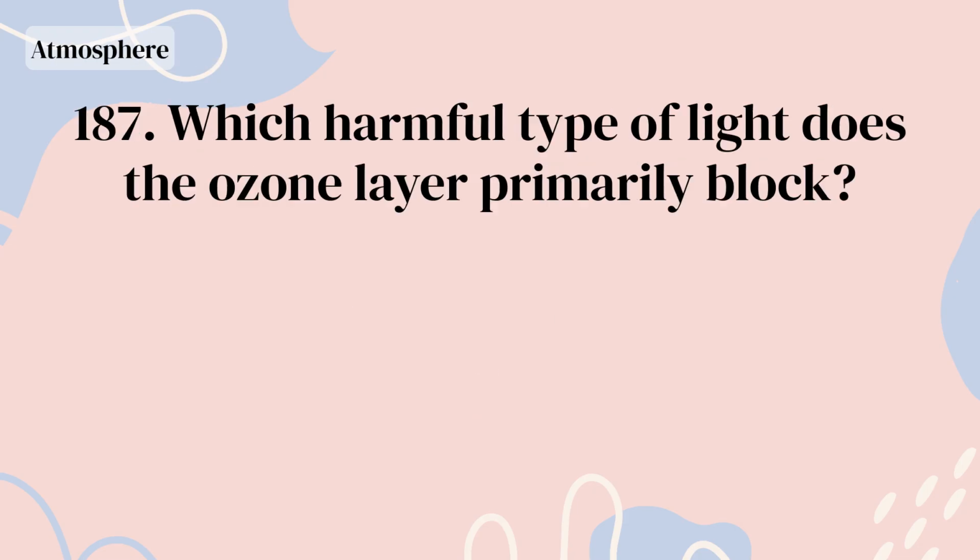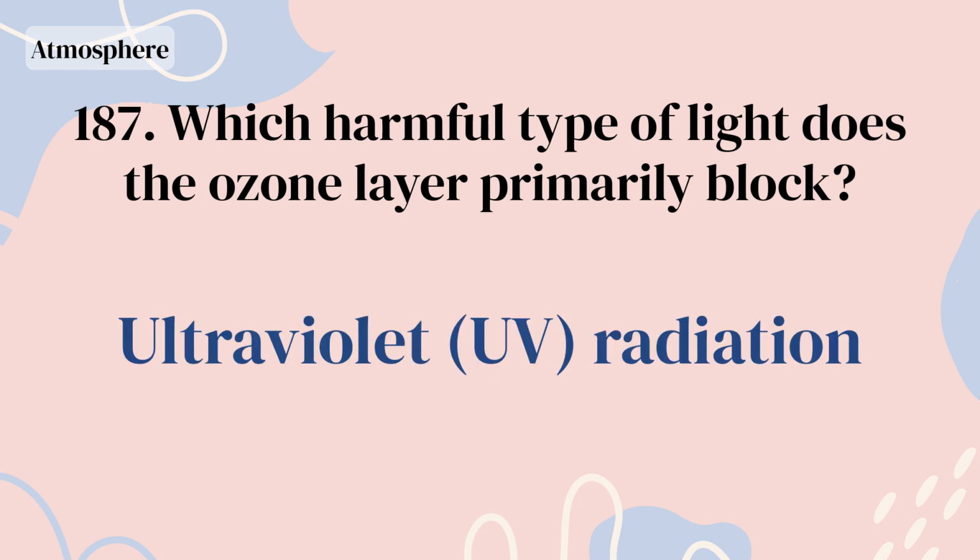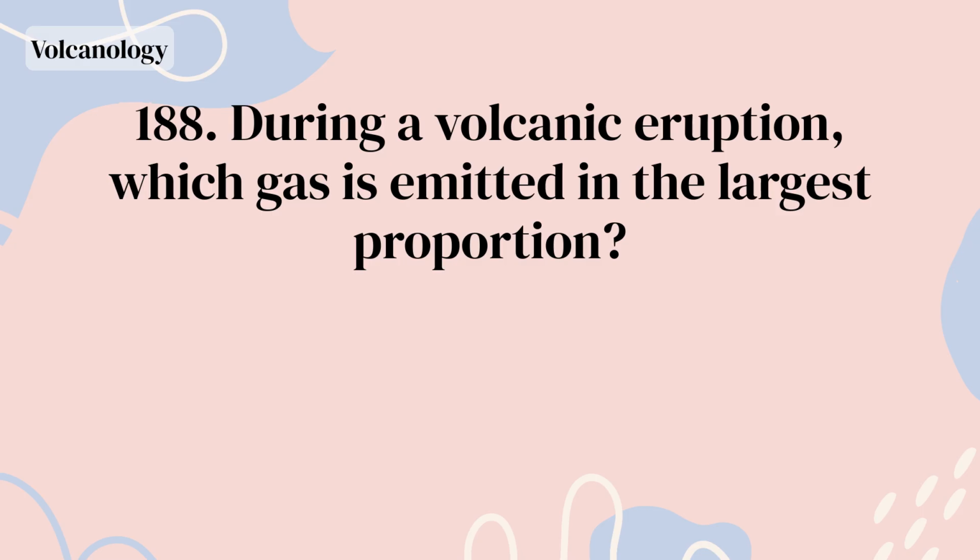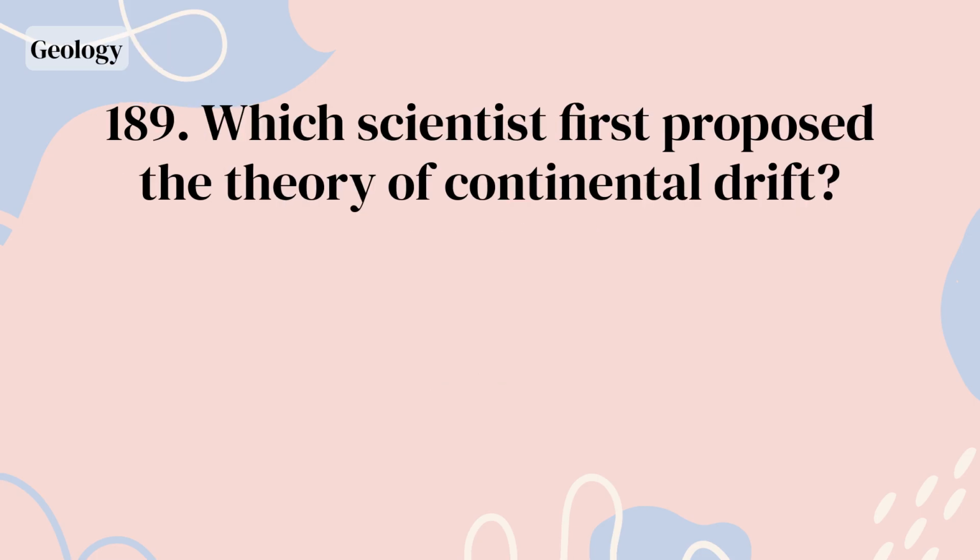Sand dunes. Which harmful type of light does the ozone layer primarily block? Ultraviolet (UV) radiation. During a volcanic eruption, which gas is emitted in the largest proportion? Water vapor. Which scientist first proposed the theory of continental drift?